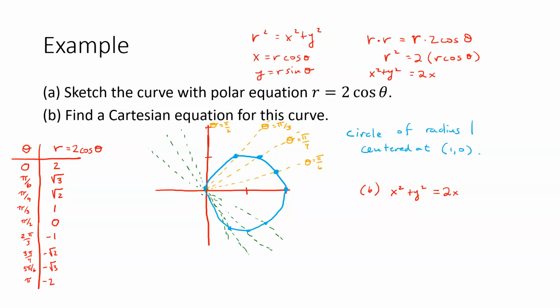But let's do a little bit of completing the square here to show that it is in fact a circle of radius 1 centered at the point 1, 0 like it appears. So I'll just quickly complete the square. First I'll subtract the 2x over here.